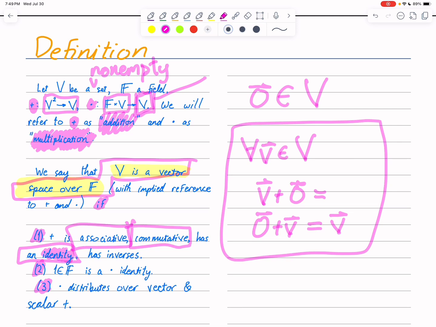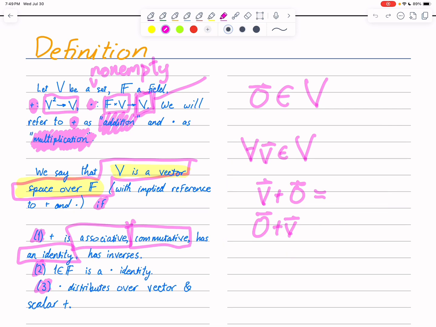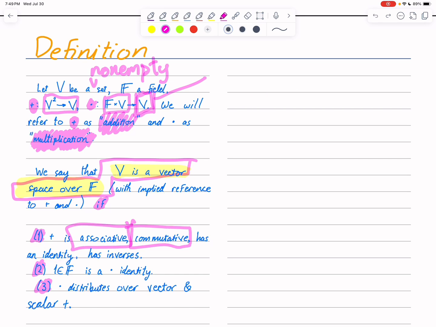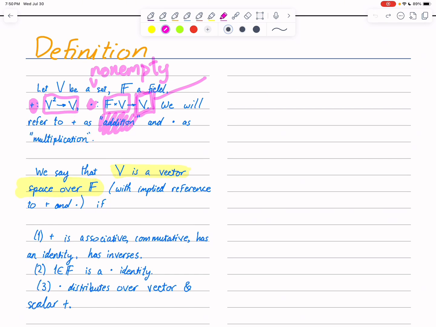So this is what an identity is. We often write the identity of the vector space with the number 0. I always like to put arrows on top of my vectors. But the point is that we are guaranteed, it is a property of vector spaces, that this 0 vector must be in there somewhere.